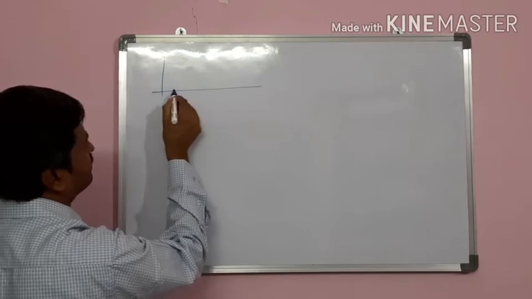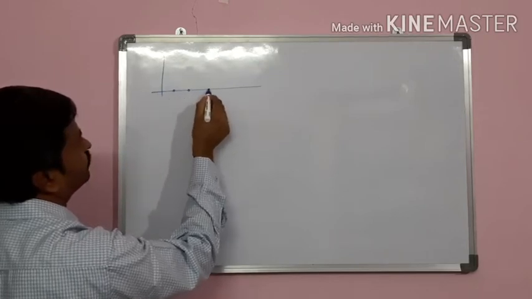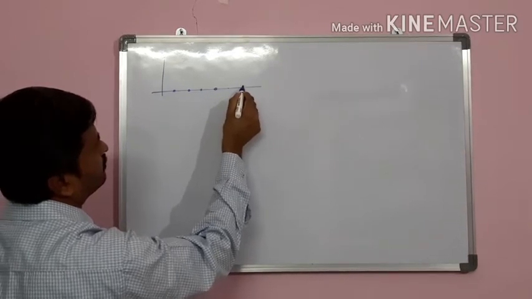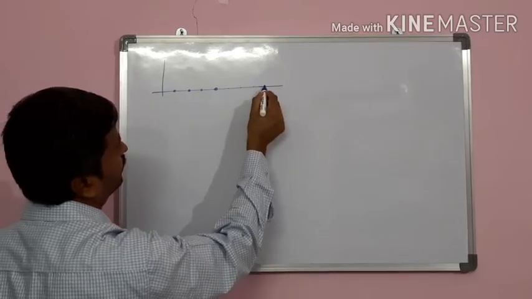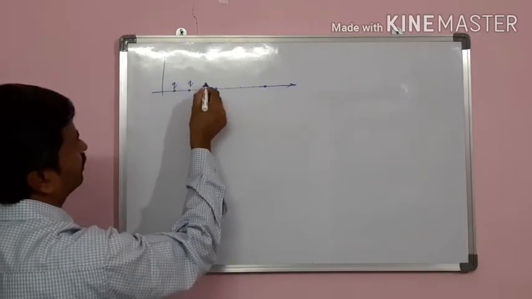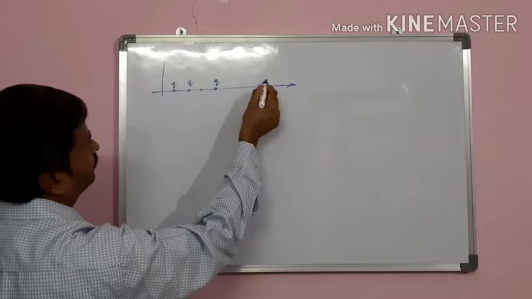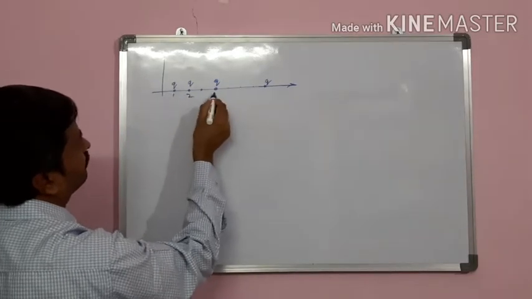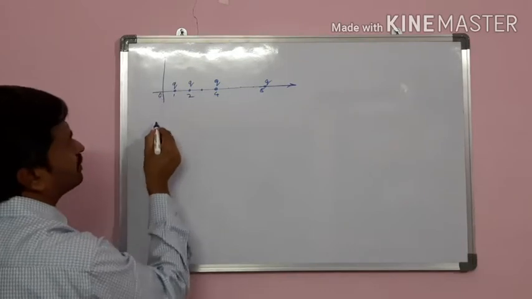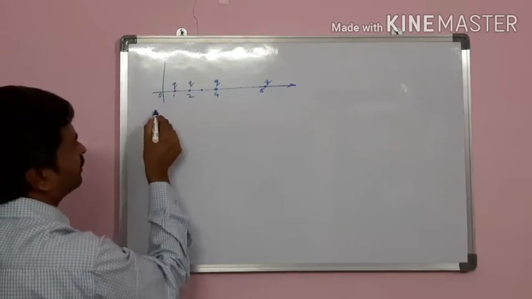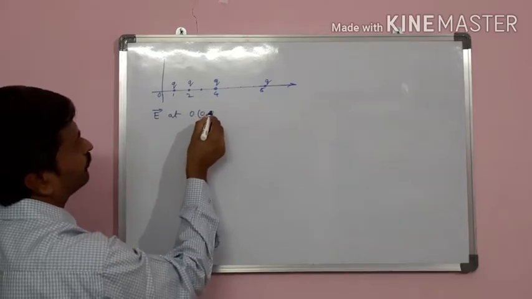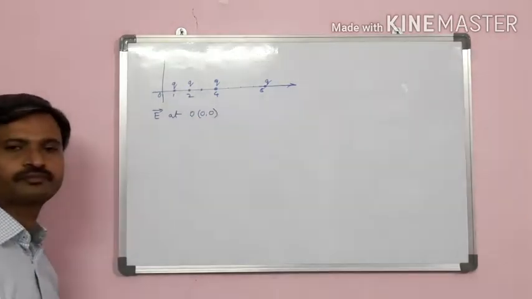On this x-axis, at the points 1, 2, 3, 4, 5, 6, 7, 8, and so on, charges q are there. And then it is asked to find the resultant electric field at the origin O. This is the question.